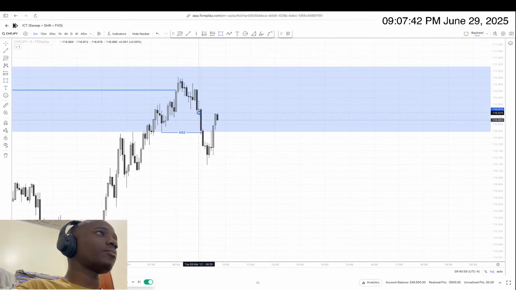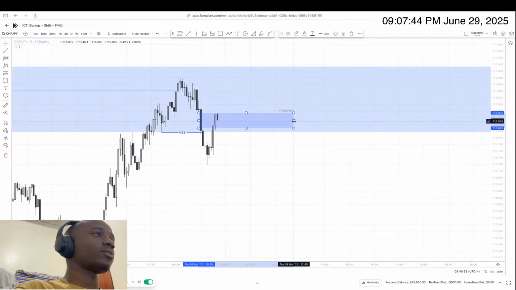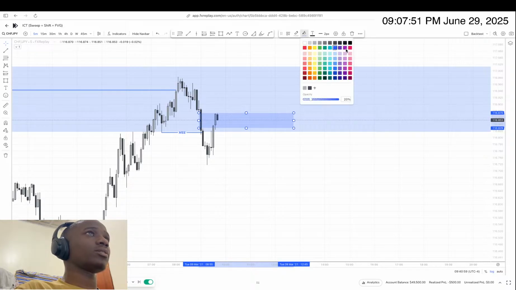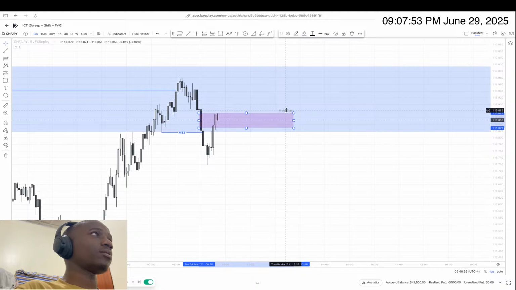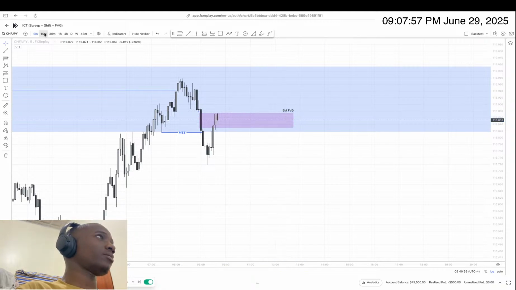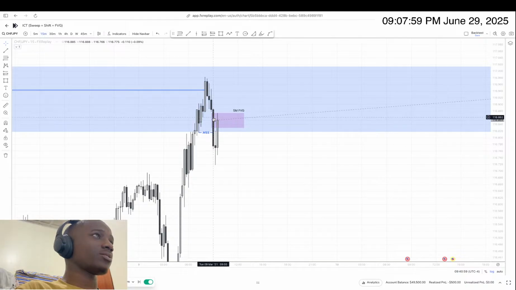So we've got this gap here, and I'd like to make it like this. Fair value gap. On the 15 minute, you can see that it's also a really nice gap that we might respect.